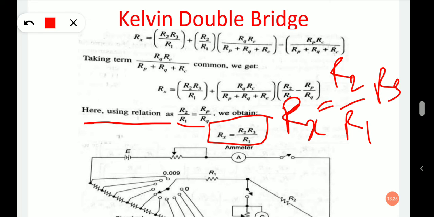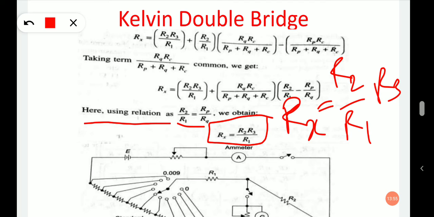This equation again represents the balance equation of the Wheatstone bridge circuit and ensures that the resistance of connecting leads does not affect the measurement. So this is the actual conclusion, like the previous Kelvin bridge equation. Hence this equation is also referred to as the working equation of the Kelvin bridge.